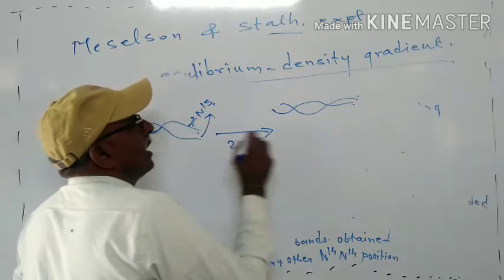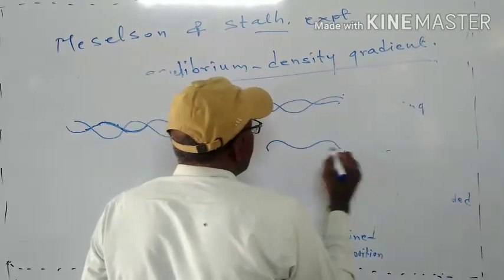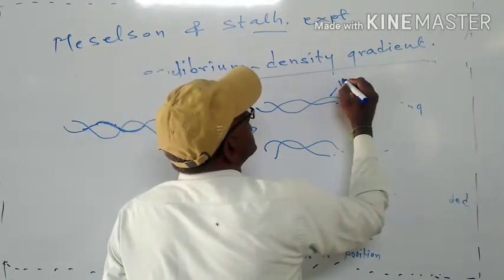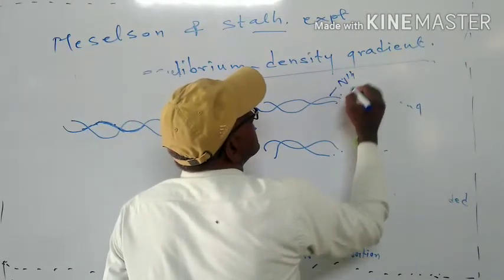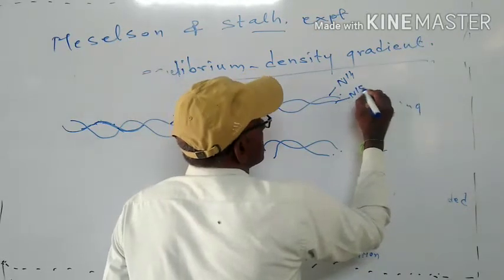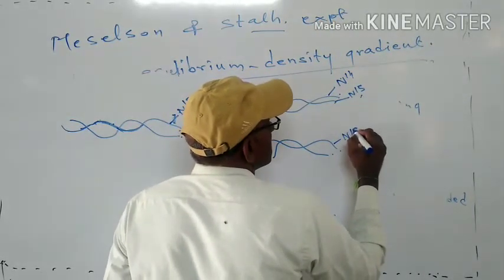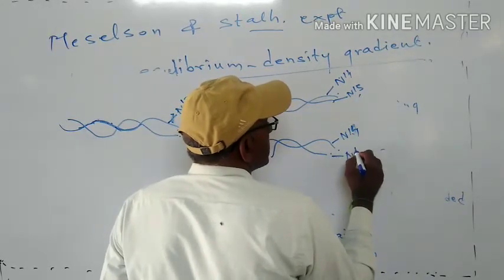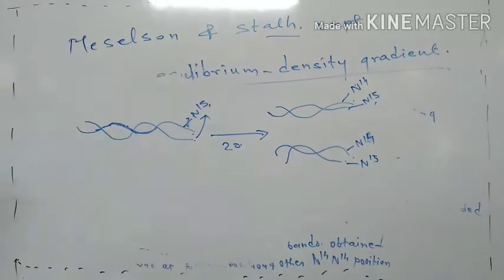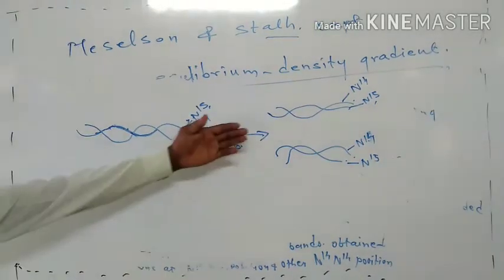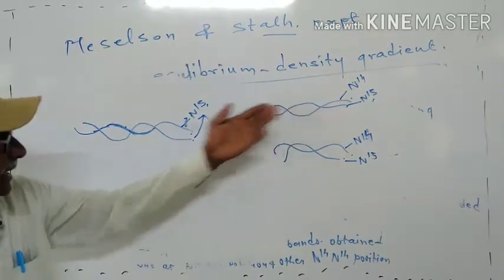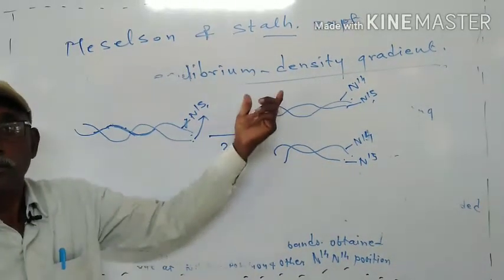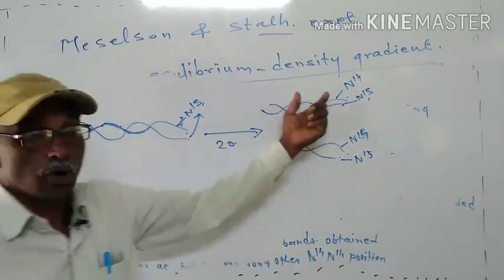And after replication, what do we get? This strand of N14 and this strand of N15, this strand of N15 and N14. So the hybrid one we get, the DNA consists of one parent strand and one daughter strand.